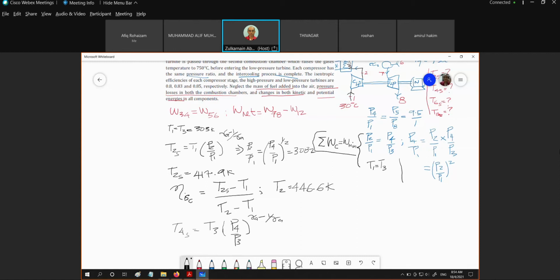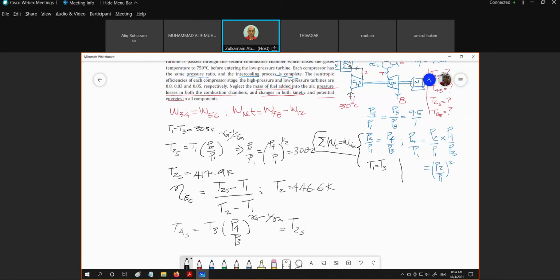T3 is equal to T1. What is P4 over P3? P4 over P3 is equal to P2 over P1. Therefore, if you put the same figures, you are getting the same value as T2S.